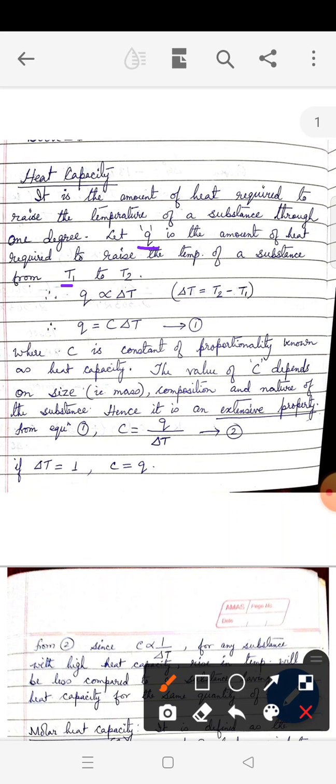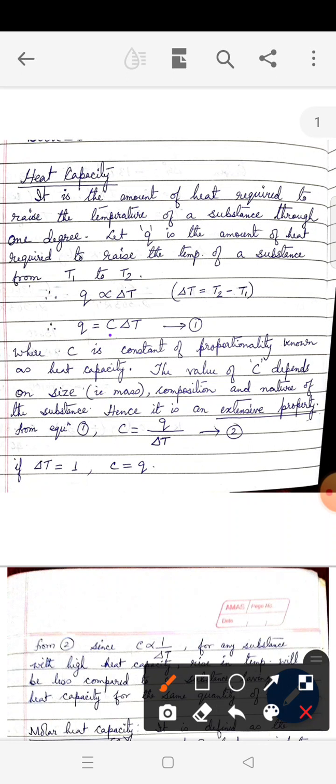So we write Q is directly proportional to delta T, where delta T is T2 minus T1. Now to remove this proportionality sign, you need to bring in a constant, and that constant is C. This C is called heat capacity.